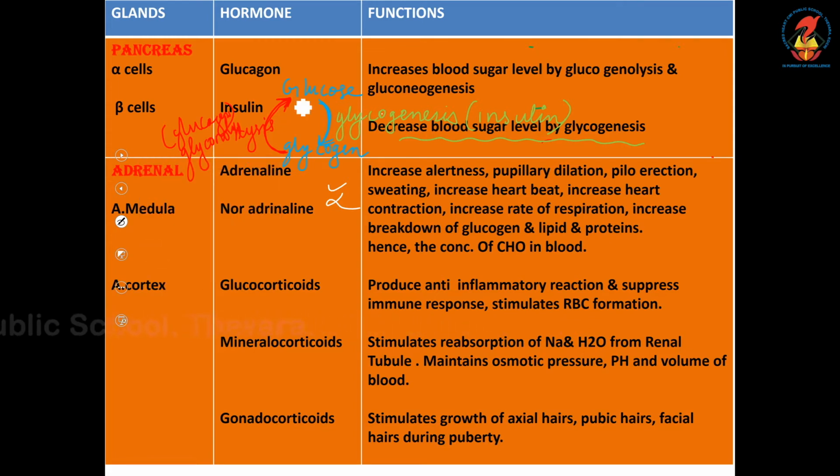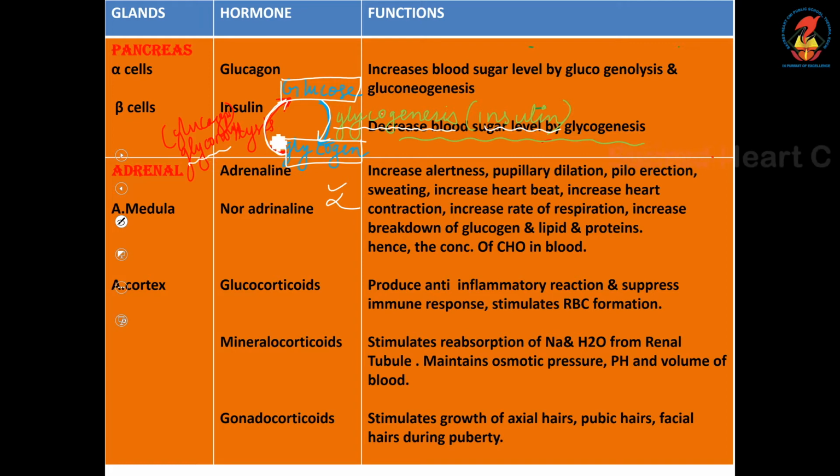So, once again, glucose in the blood is converted to glycogen by a process called glycogenesis, which is brought about by insulin. And the glycogen is broken down to glucose by a process called glycogenolysis.